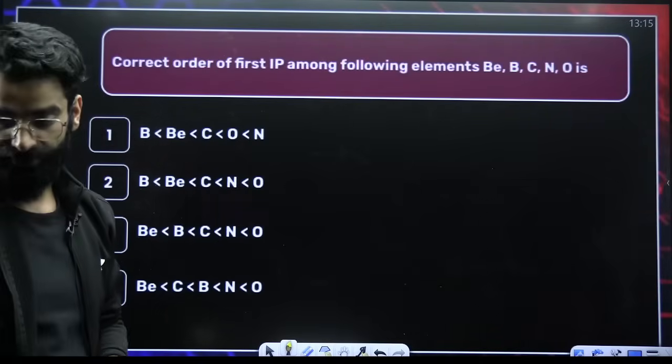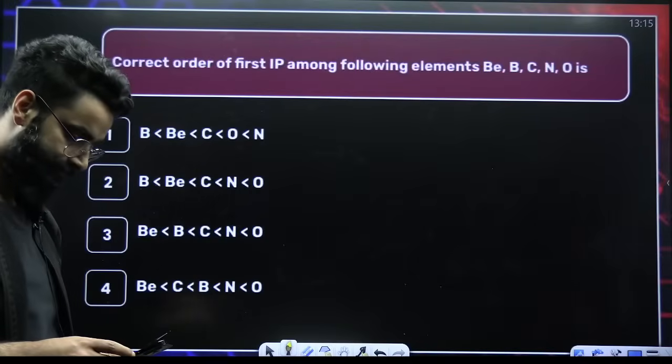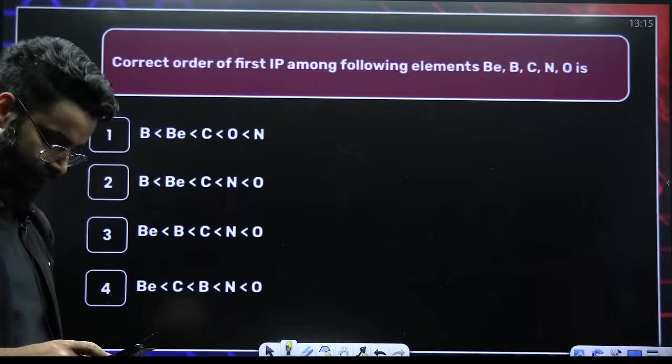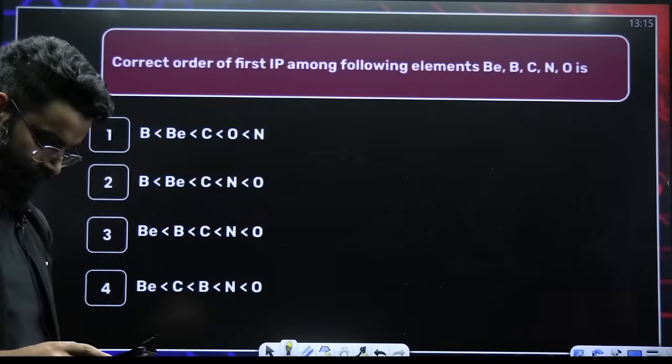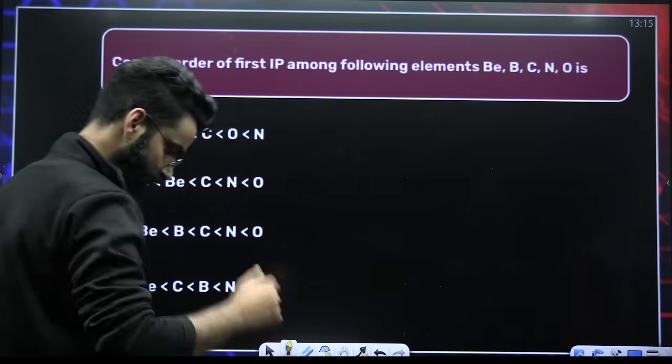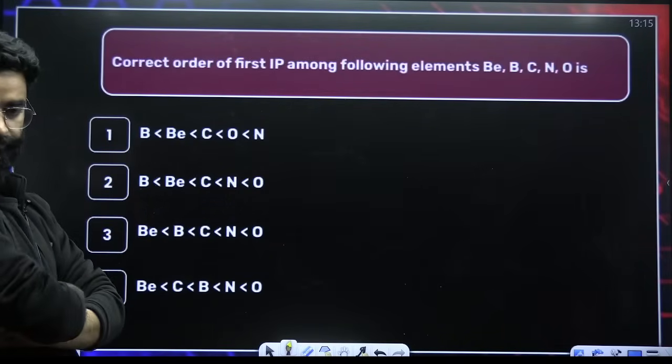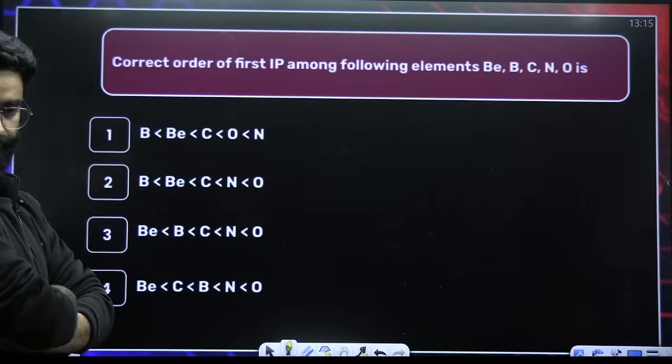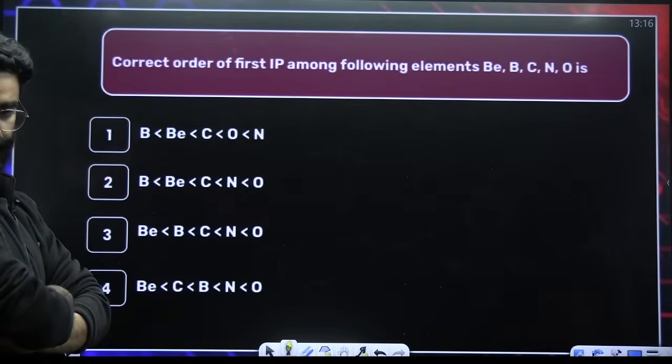Correct order of first ionization potential of these. What do you think? Done?